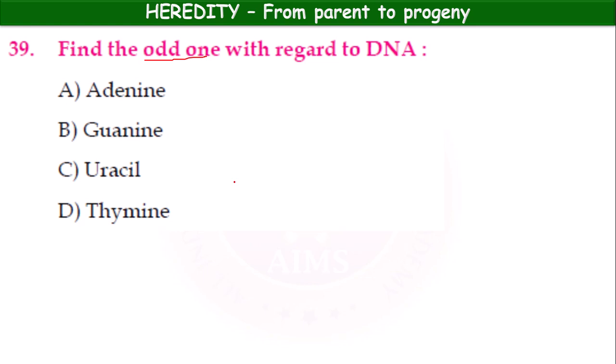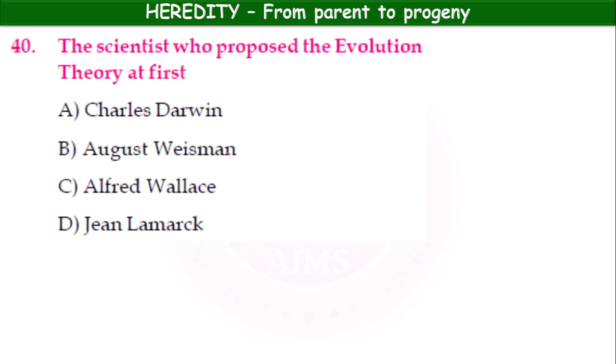So these are the nitrogen bases: adenine, guanine, thymine, cytosine. Here uracil is also mentioned, so the odd one is uracil. Adenine, guanine, thymine, cytosine are the nitrogen bases present in DNA. Uracil is present in RNA.